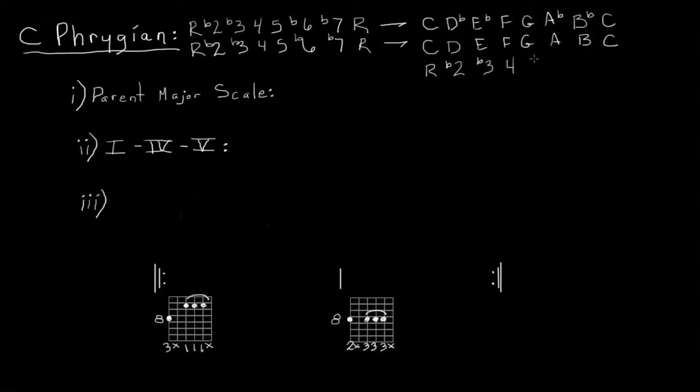G's or 5s are the same. In C major or C Ionian we've got an A, but in C Phrygian we've got an A flat, so flat 6. And in C major, we've got B, but in Phrygian, we've got a B flat, thus creating a flat 7, and we're back to the root note again, which are the same.